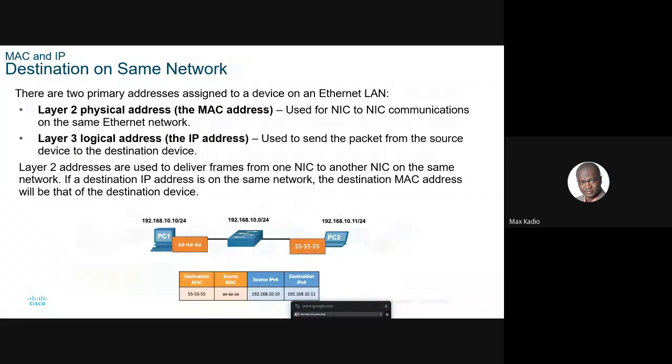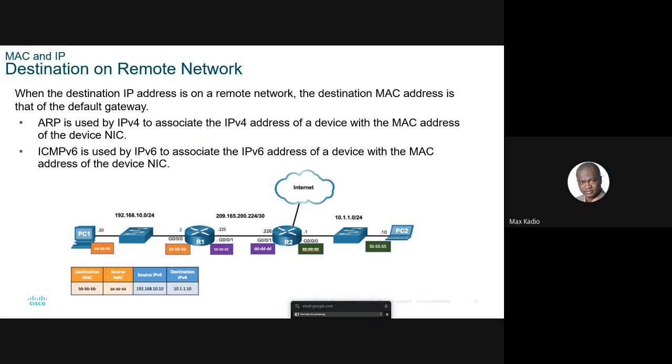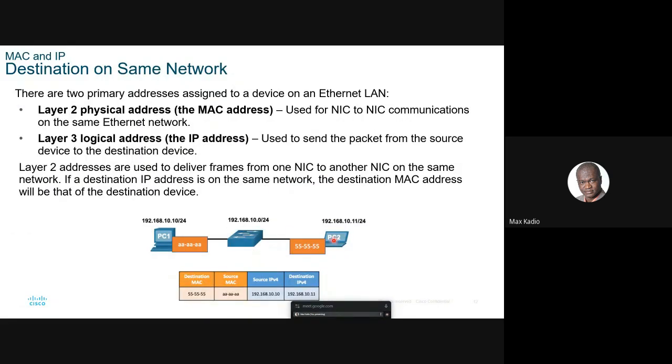So if the PCs, you see 10.10/24 and 10.11/24, they belong to the same network. Layer 2 addresses are used to deliver a frame from one network interface card to another network interface card on the same network.